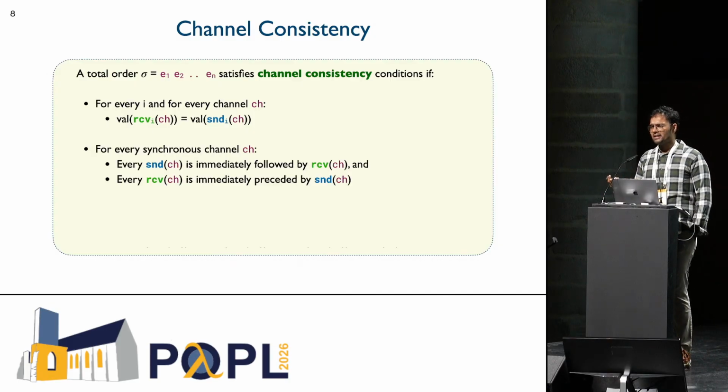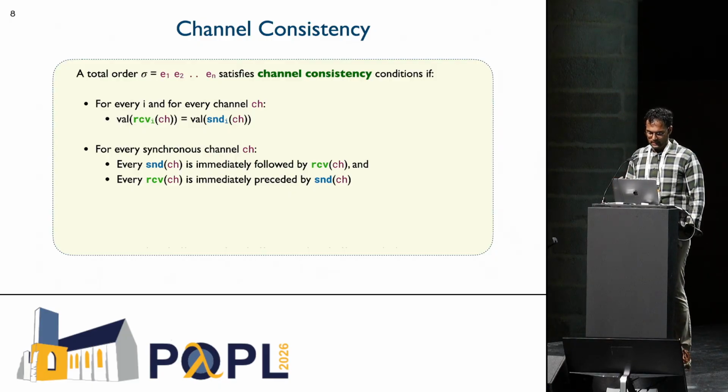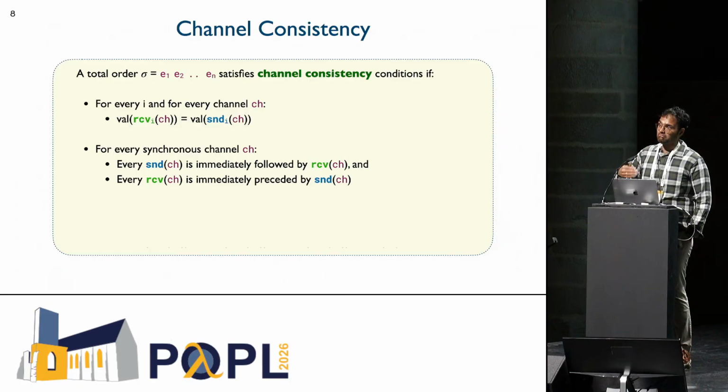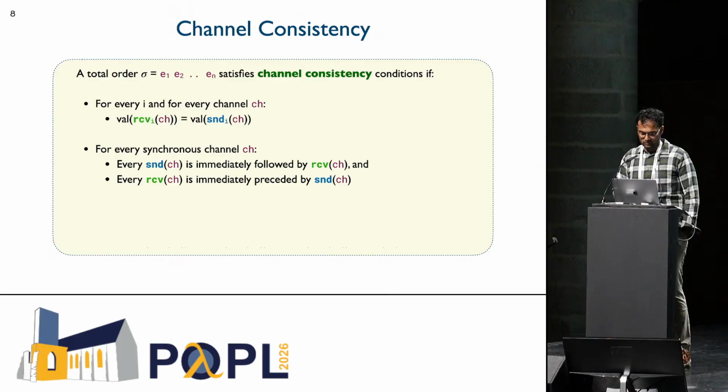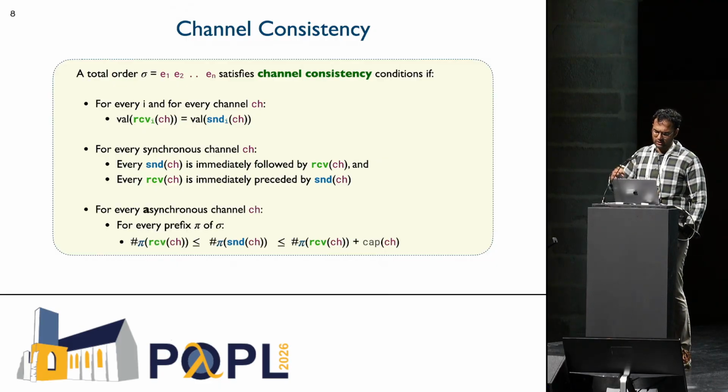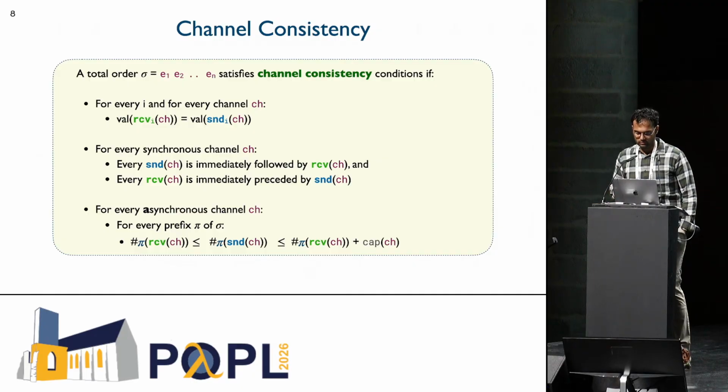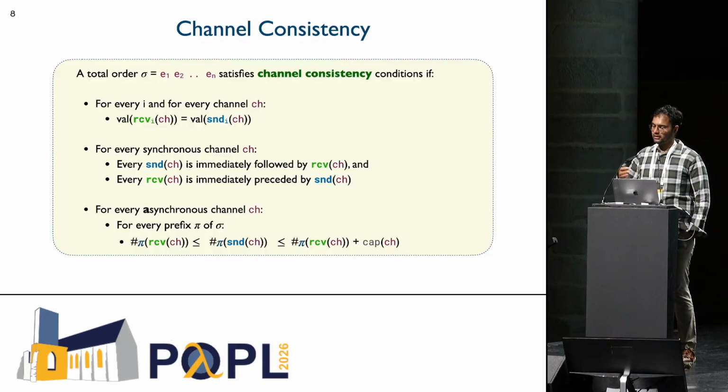And because channels may have capacities, if I have a synchronous channel, then every send of that channel is immediately followed by a receive, and you cannot have unmatched sends. And finally, if I have a channel of capacity, let's say 5, then at any given point in the total order, if you look at the channel, you cannot have more than 5 pending events. You have to have more sends than receives. So that's roughly mathematically capturing the intuition of FIFO semantics.